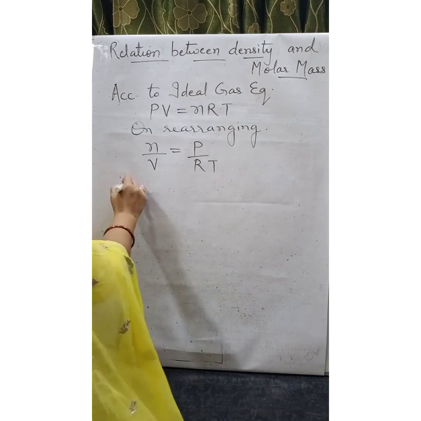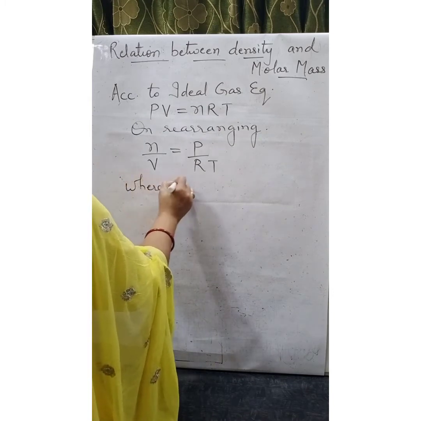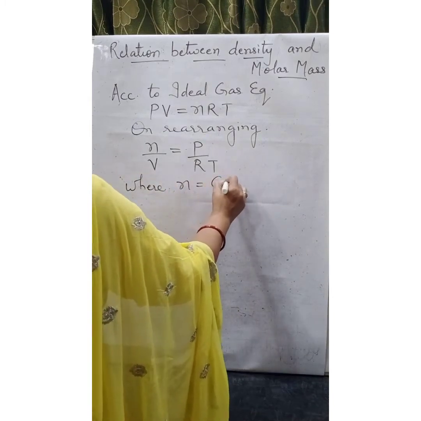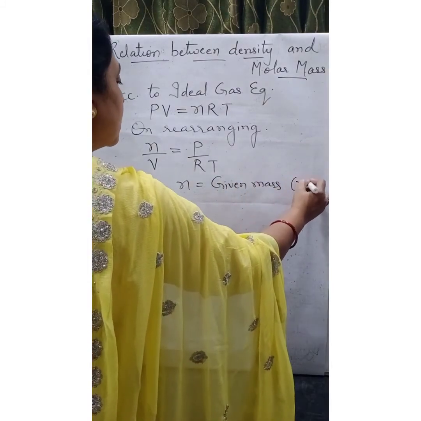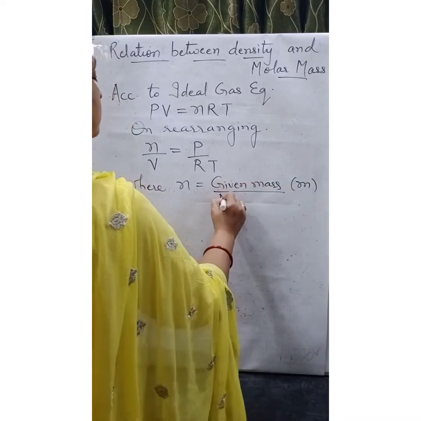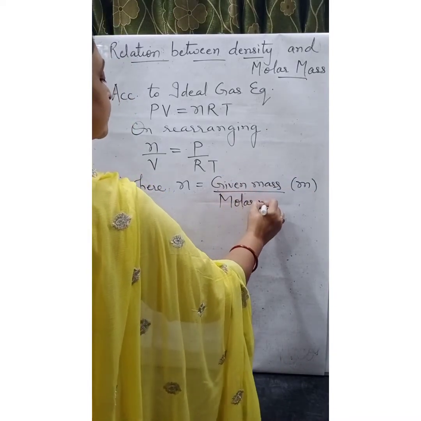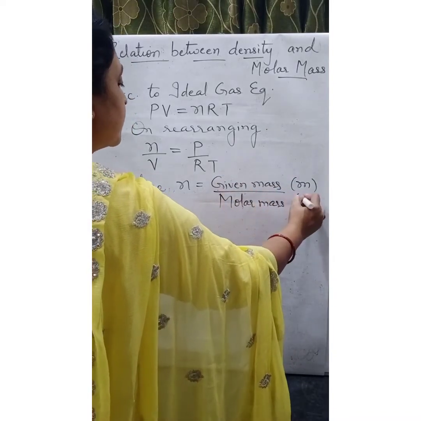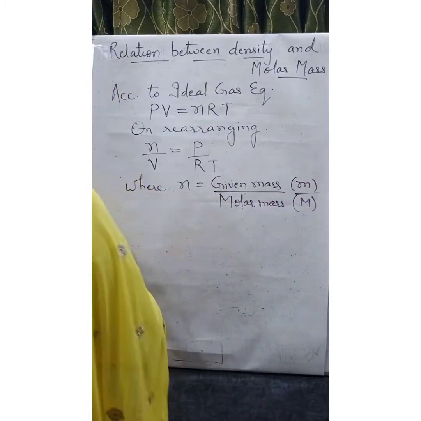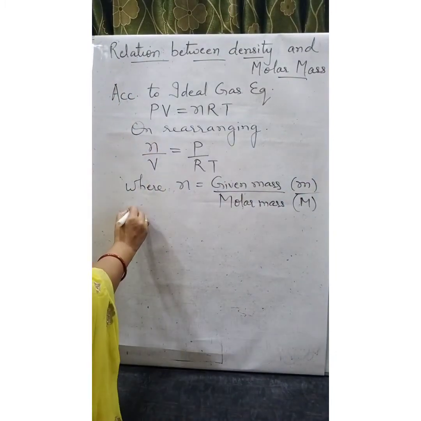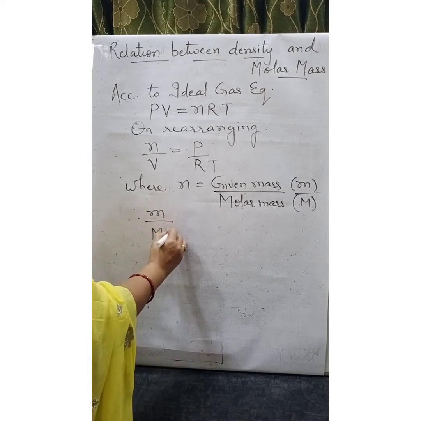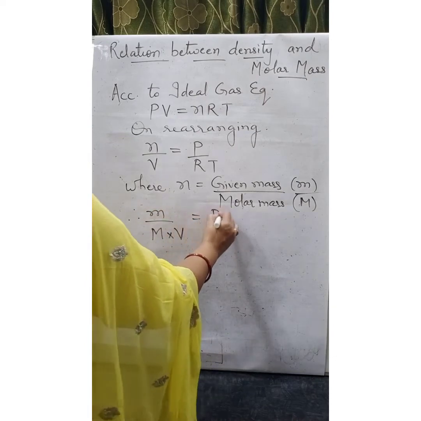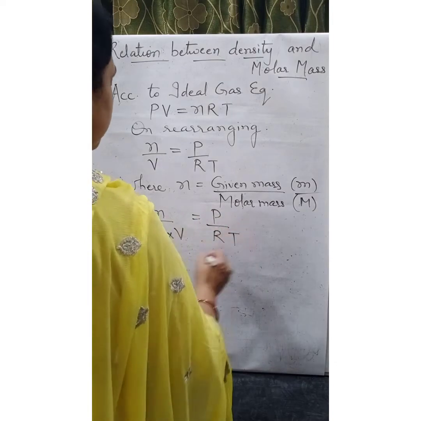Now, n here stands for the number of moles of gas, where n is equal to given mass, let it be small m, upon molar mass, let us denote it by capital M. Substituting this in the above equation, therefore, small m upon capital M into V is equal to P upon RT.